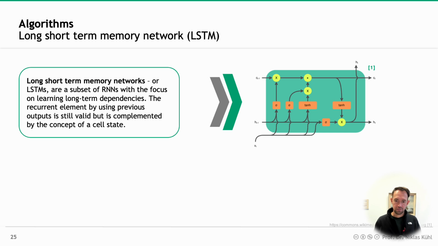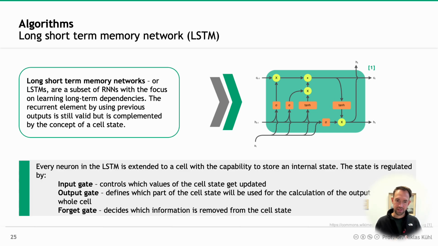A different class of artificial neural network are the so-called long short-term memory networks, or LSTM. They are a subset of so-called recurrent neural networks, which we won't cover in detail here. But I want to shortly talk about them because they work really, really well with time series data.